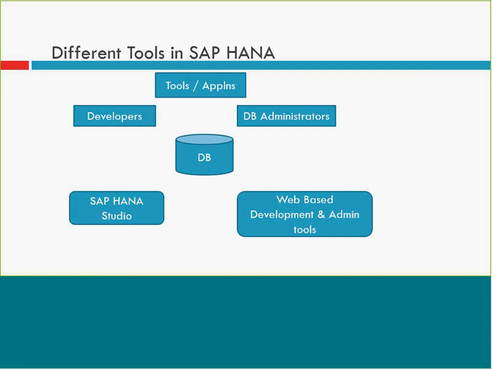This HANA Studio can be used by a variety of users like system administrators or developers. Developers use SAP HANA Studio to create content such as data models, views, tables, JavaScript, HTML, stored procedures, etc. Coming to system administrators, they utilize SAP HANA Studio, for example, to start and stop the server, to monitor the system, to configure system settings, and to manage users and security amongst various other things.